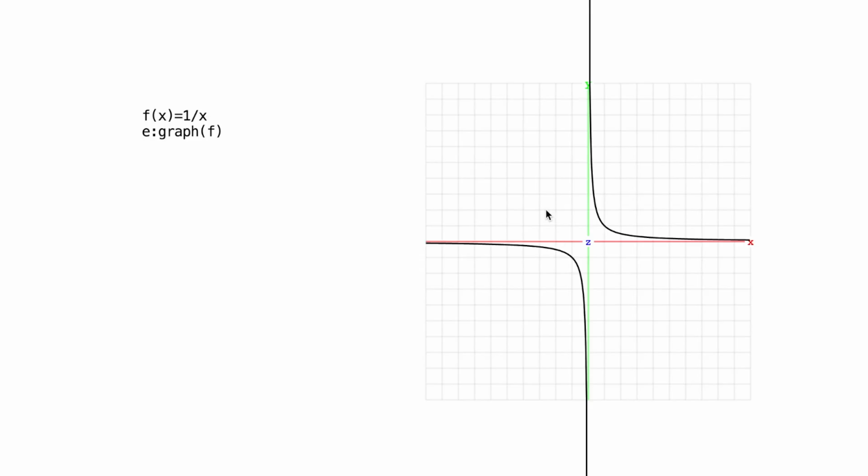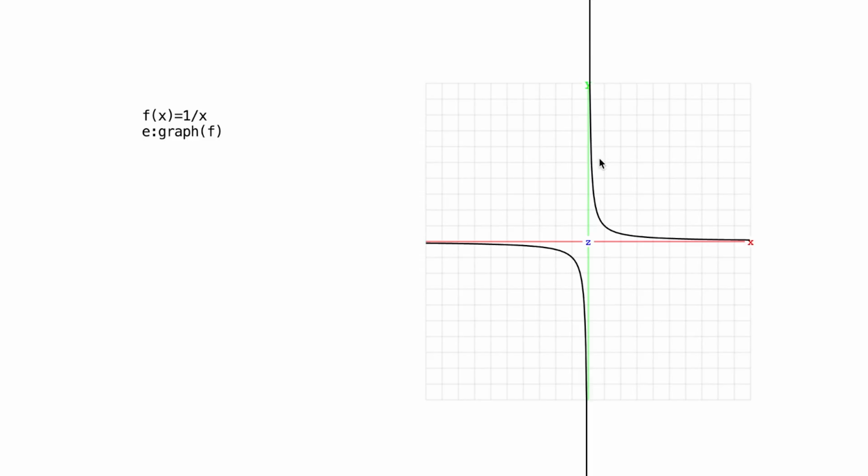A great, classic example is 1 over x. There's something going on here when x is close to 0. When x is equal to 0, this function is not defined. But remember, with limits, we don't care if it's equal to 0. We just want to know what's happening when we get really close to 0. As we approach 0 from the right, the function shoots off to be really positive, going to infinity.